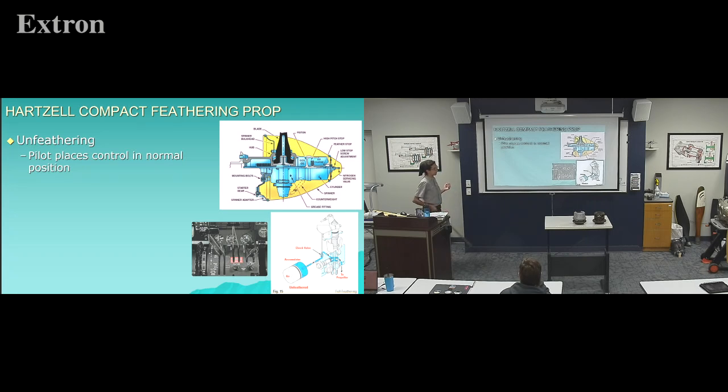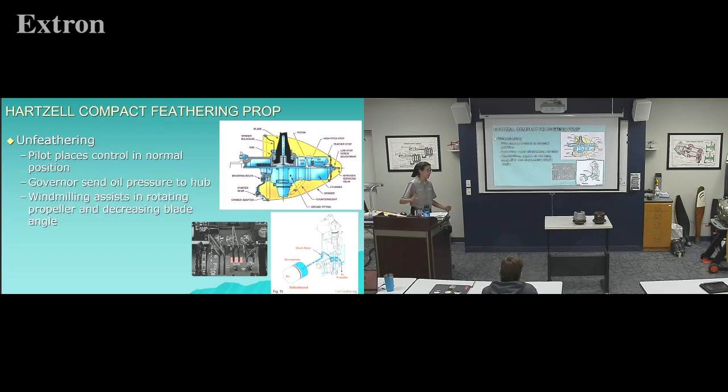To decrease blade angle, depends how powerful of an engine you have, if that actually works. And an accumulator may be used on some aircraft.